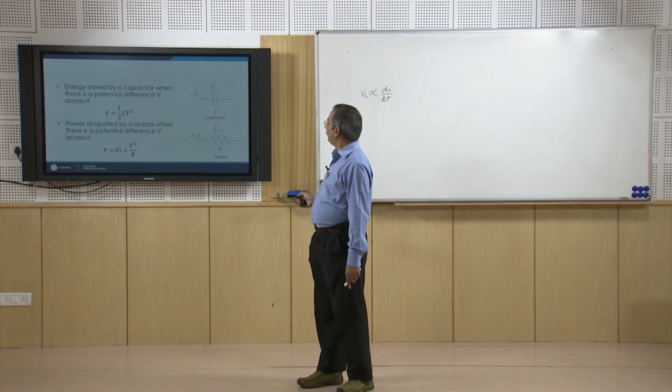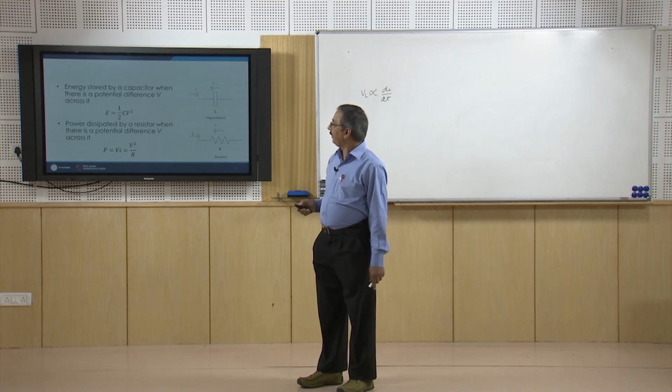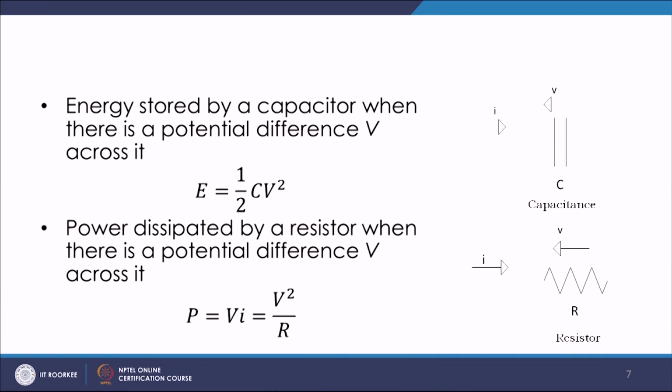Similarly, for a capacitor, the energy stored when there is a potential difference V across its plates is E equal to half C V square, where C is the capacitance of the capacitor. And as I said, a resistor will be dissipating power.